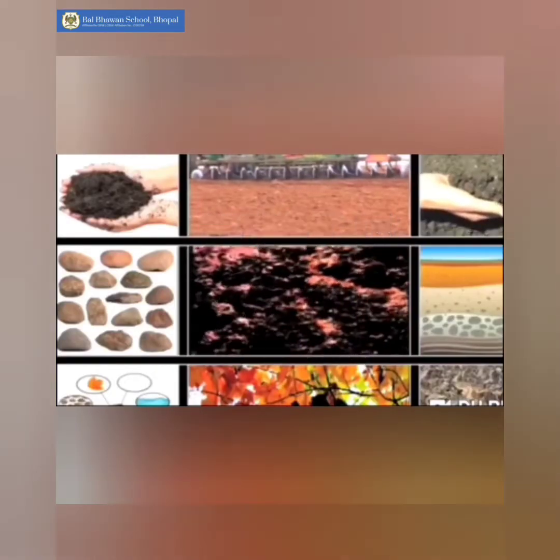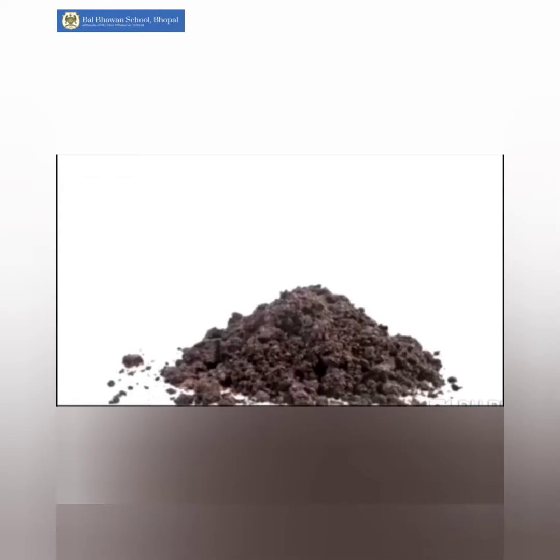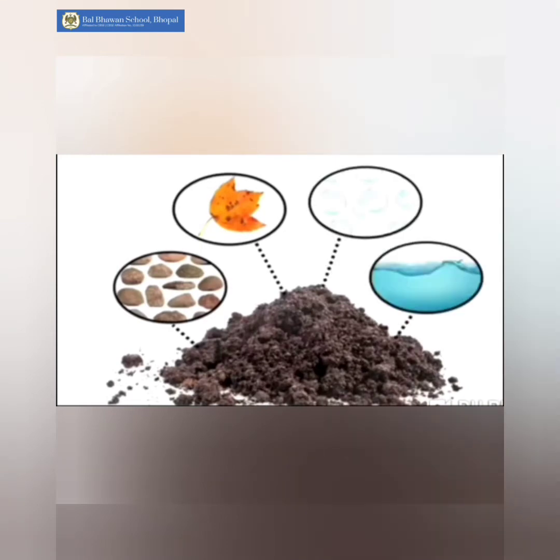Let us learn what soil is and what it contains. Soil contains rocks and pebbles, dead and decaying plants and animals, air and water. It is a mixture of all these things.